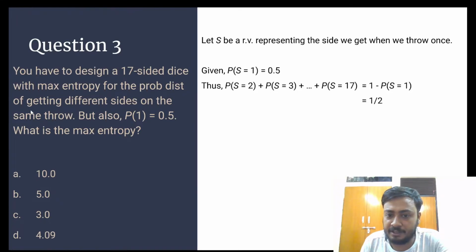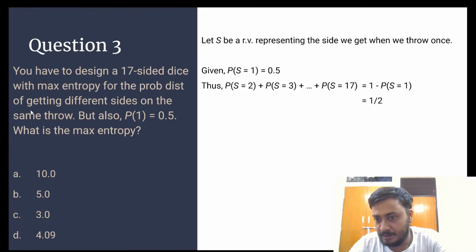So the sum of all the other p's from 2 to 17 is 0.5, which is 1 minus probability of S equal to 1. Now they have asked you to maximize entropy. As you know, this is there in the slides, the entropy is maximum when all the outcomes are equally likely.